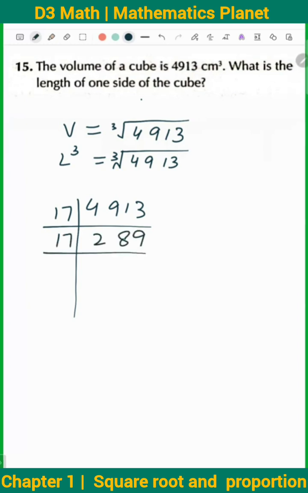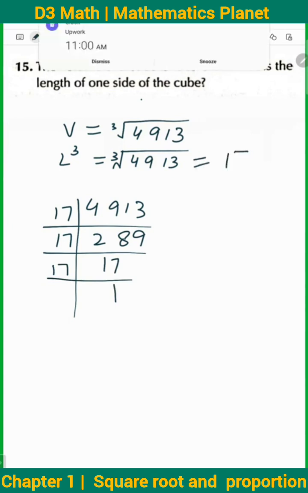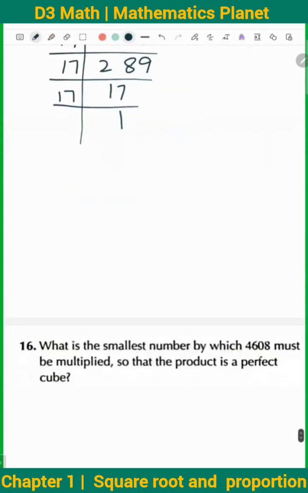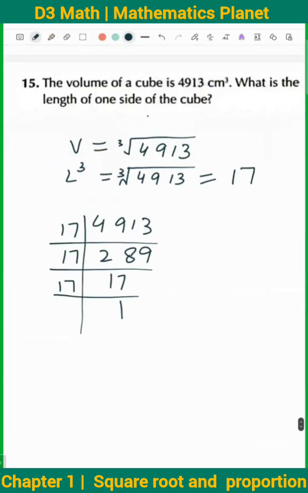Okay, then what will come? 17. Because 17 is a prime number, it can always only be divisible by 17. So 17 is the cube root of this number. And 17 is the length of one side of the cube.